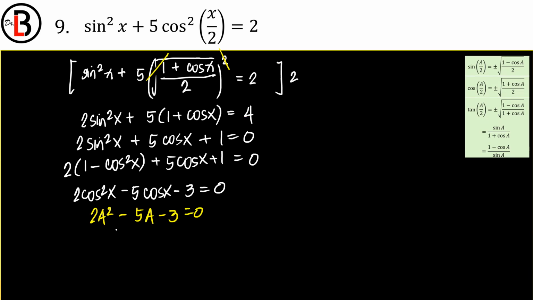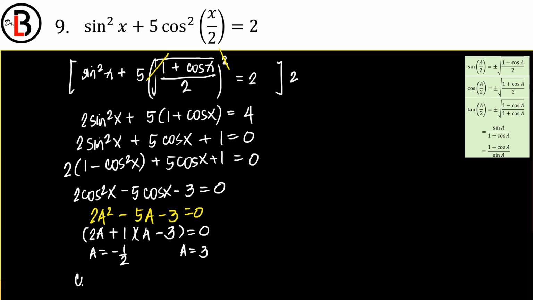So we can solve for it. That's 2a squared, negative 6a plus a is negative 5a, minus 3. So this one's the answer. So a is negative 1 half and a is positive 3.